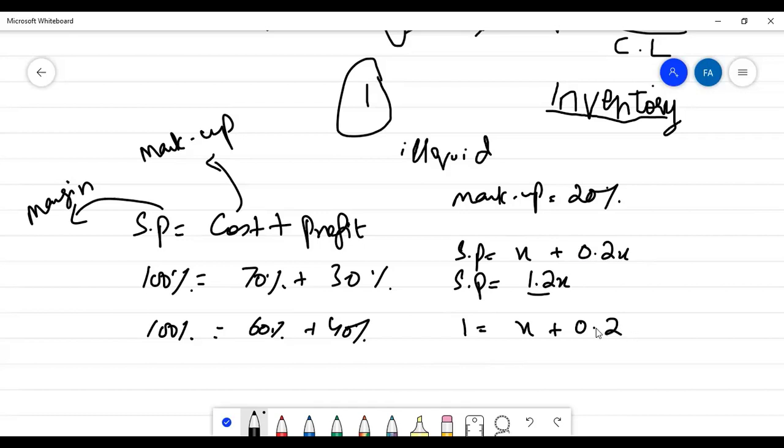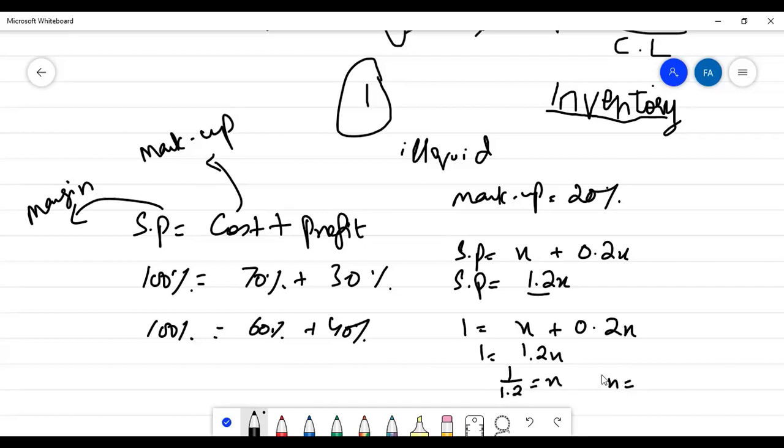If your 0.2x is your profit, so you will consider this as your cost price. Yes, 1 is equal to 1.2x, and 1 divided by 1.2 is equal to x.